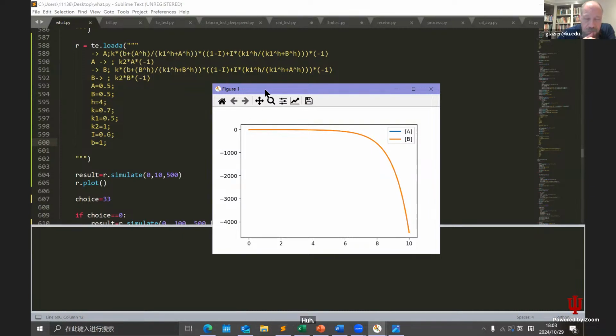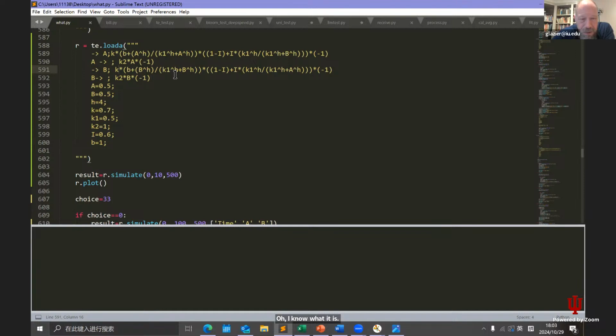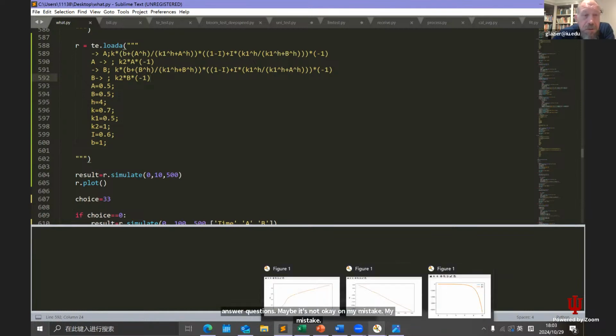Okay, multiplied everything by -1. Oh, I know what it is. Look in line 591. Hold on a sec, please. Maybe it's, no, it's okay. My mistake. I thought I saw a typo, but there is no typo.